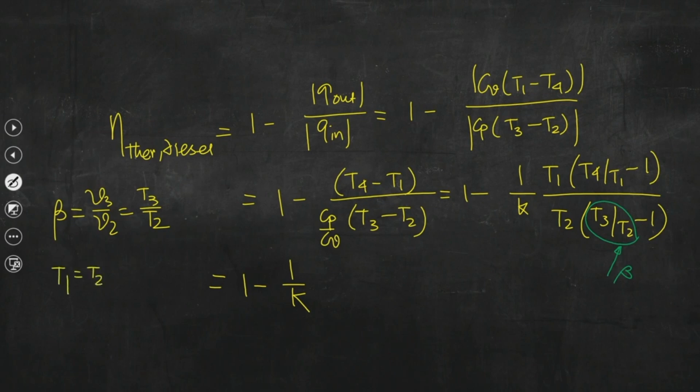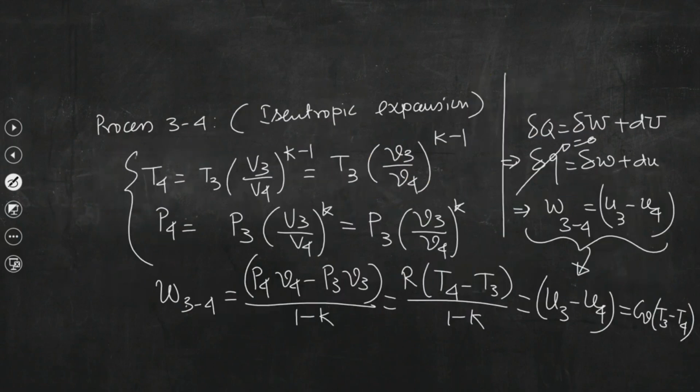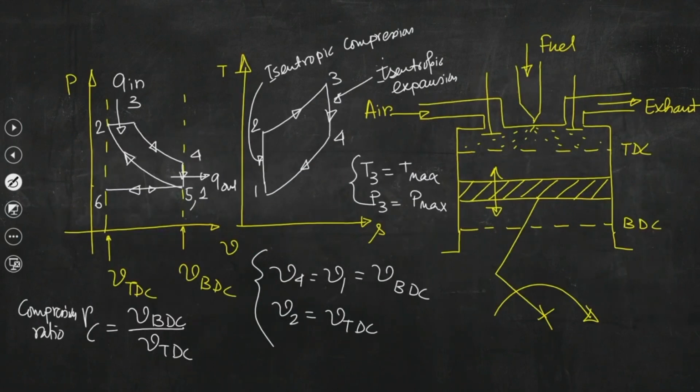T1 equal to T2 into V2 by V1 power k minus 1, and what is V2 by V1? If we go back to the previous slide, V2 equal to VTDC and V1 equal to VBDC. So, V2 by V1 is equal to 1 upon rc, that is 1 upon V1 by V2.